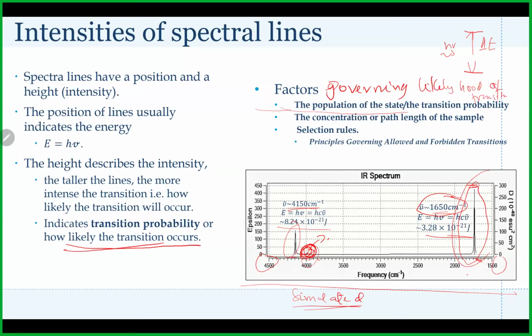It can be the upper state population, in which case you'll be talking about stimulated emission, or the lower state when you're talking about absorption. The second is an experimental factor: concentration and path length, that is, the concentration of the sample and how big the sample size is. Then there's a third one called selection rules. Let's look at them one after the other. So what is population of states? Starts with population of states.